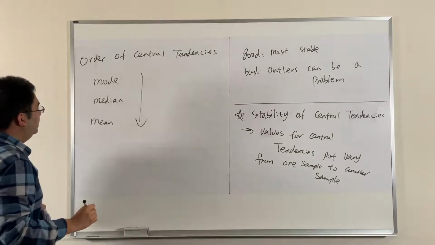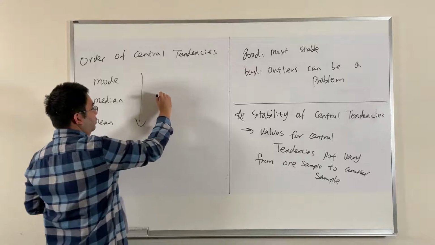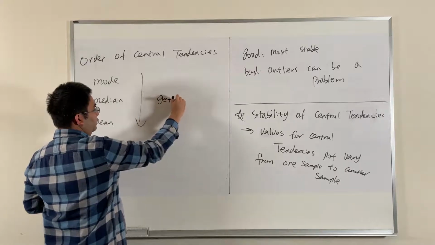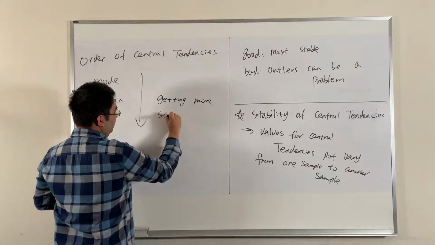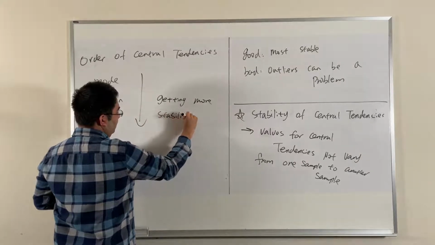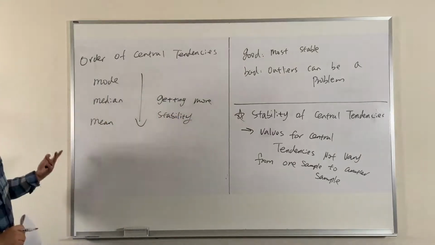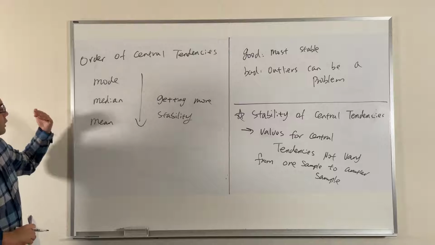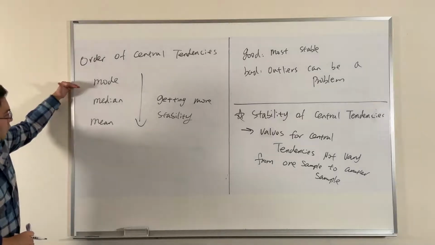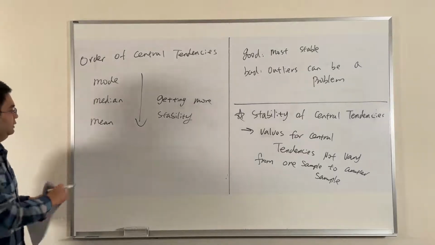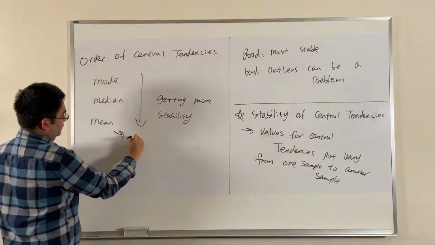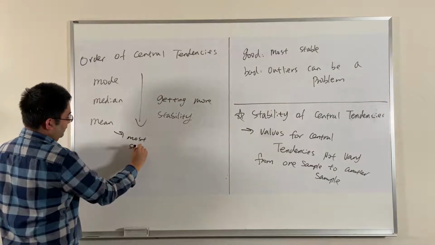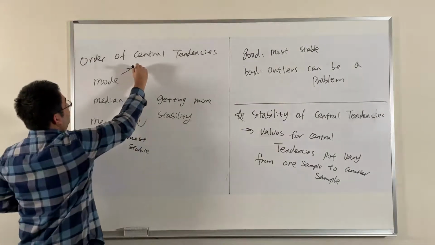From mode to median to mean, you're getting more stability. The least stable is the mode. The most stable is the mean. That's how you rank them. So this one is the most stable, and this one is the least stable.